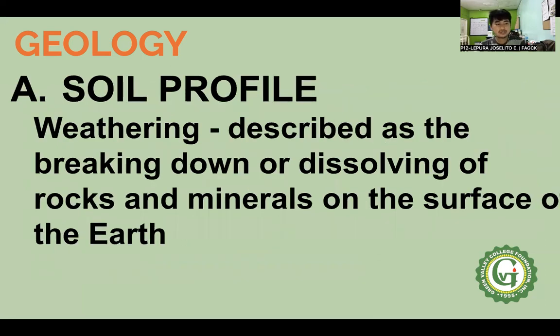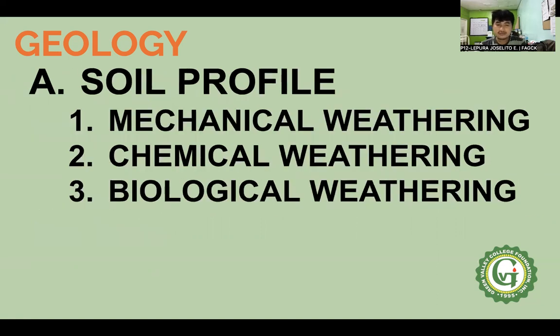Now, under your geology, we had discussed soil profile and weathering. Bakit nagkakaroon tayo ng mga soil? Because of weathering, kasi ito yung breaking down of rocks and minerals on the surface of the earth. For soil, there will be a production of soil because of mechanical, chemical, and biological weathering. Once mechanical, may force, pwede due to earthquakes and pag-rub or pagbukbok, mechanical na siya.